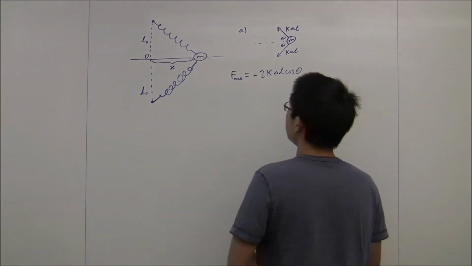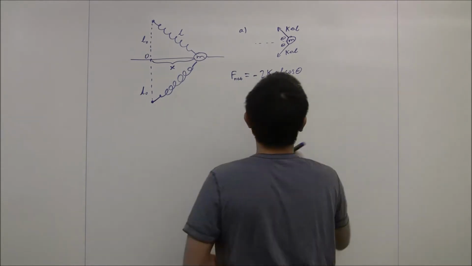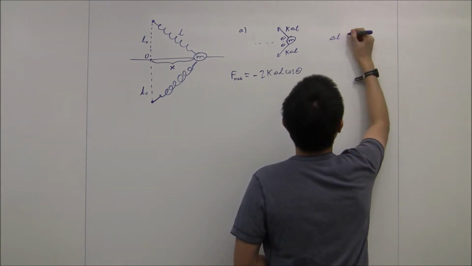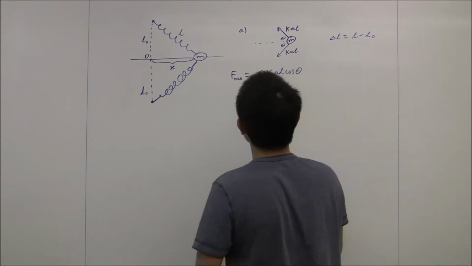So if we let L be the length of the stretched spring, then delta L is just going to be equal to L minus L0.